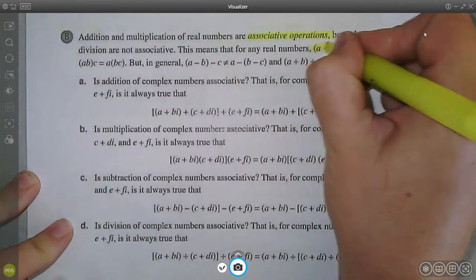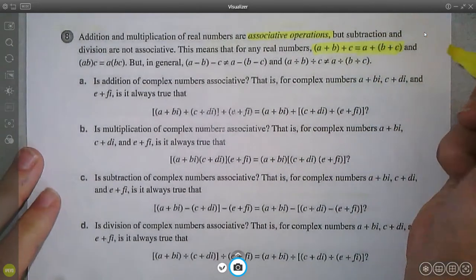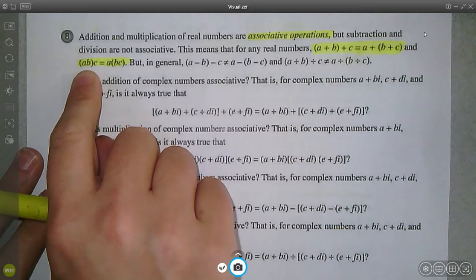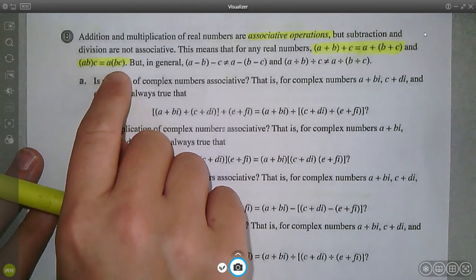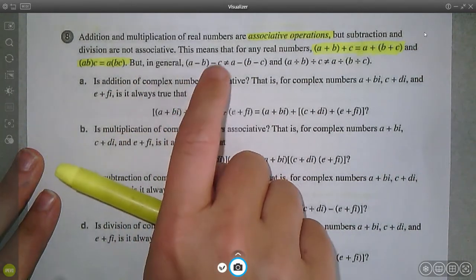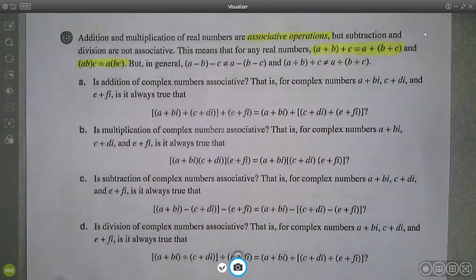When you're not doing complex numbers, that is true, and the same with multiplication. If I were to take A times B and then times C, it's the same as taking B times C and then A times that. But in general, with subtraction and division, it does not work. So you have to see if it works for complex numbers.